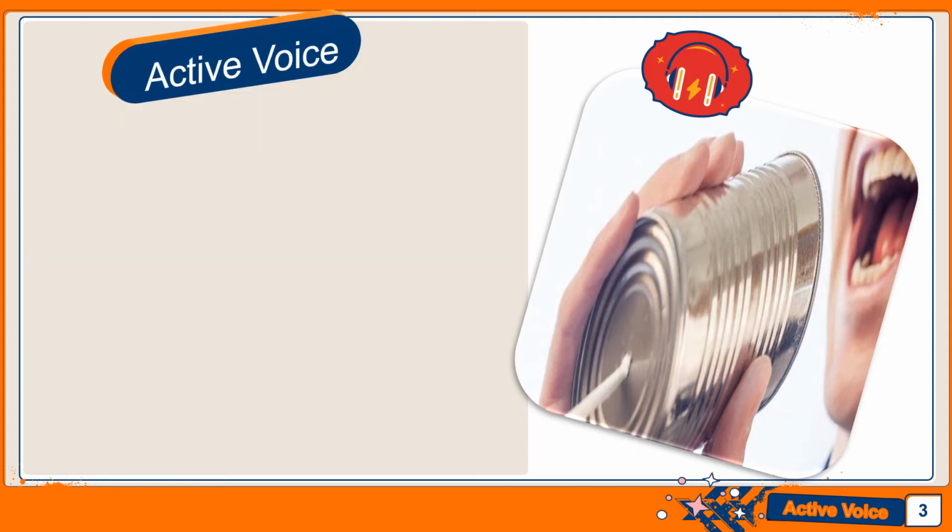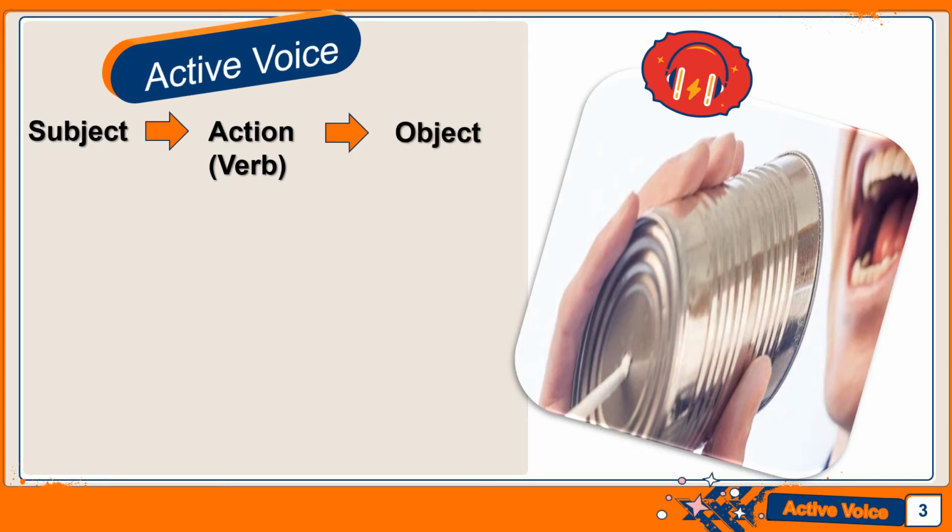Now, the structure of a sentence in active voice is, the first thing will be subject, that is the doer of action. So, subject will be followed by the action. Action is what? It is the verb. And this action will be received by an object. That means the structure of the sentence will be subject plus verb plus object.